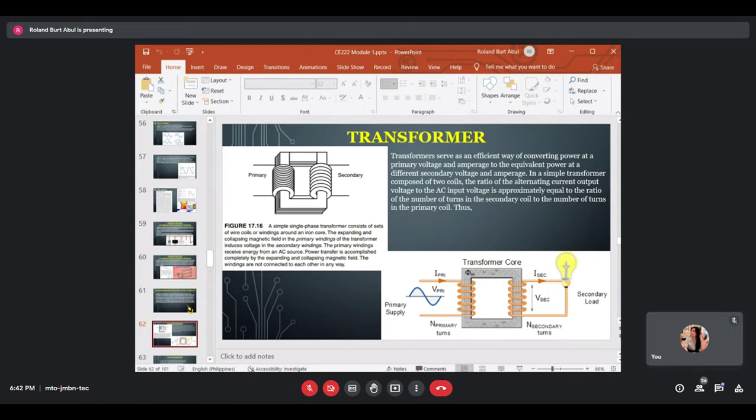In a simple transformer composed of two coils, the ratio of the AC output voltage to the AC input voltage is approximately equal to the ratio of the number of turns in the secondary coil to the number of turns in the primary coil.